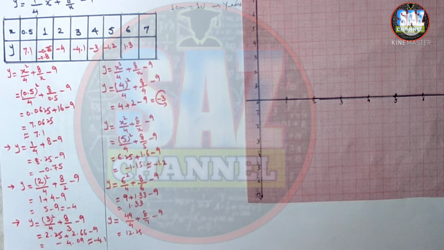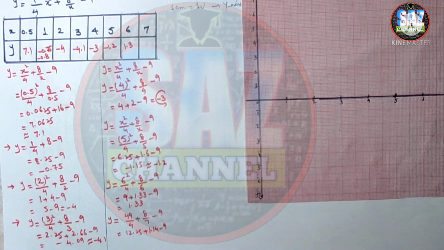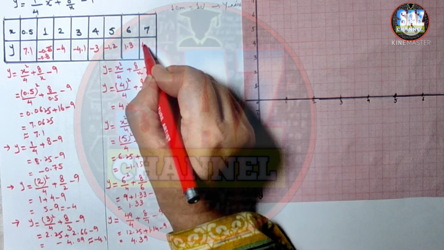And 8 divided by 7 gives me 1.14, minus 9. Now what we have to do is 12.25 plus 1.14 minus 9, and this gives me 4.39, which can be approximately taken as 4.4.